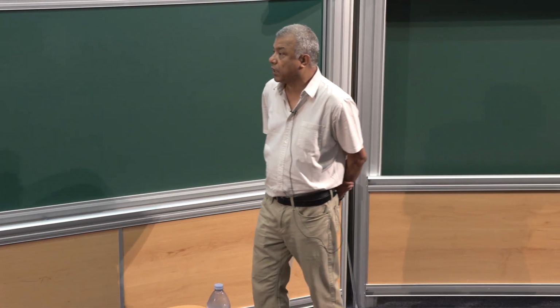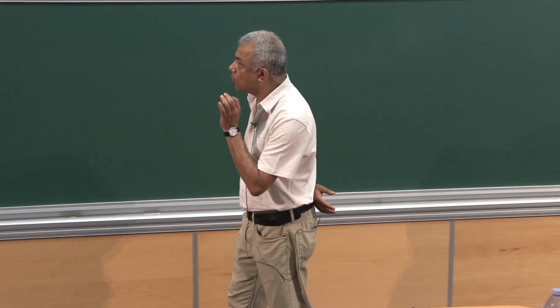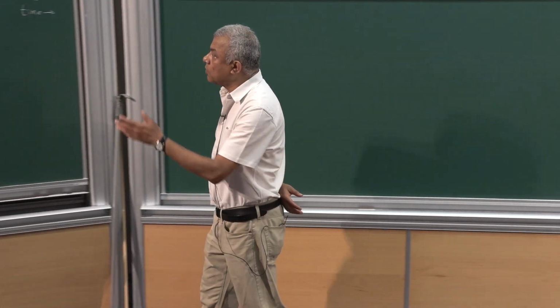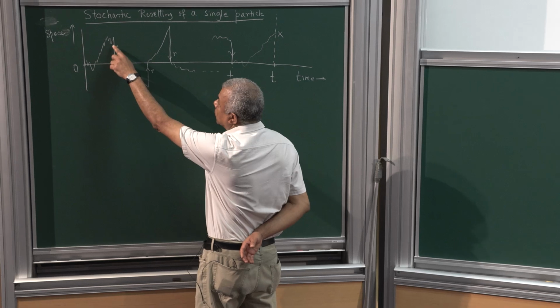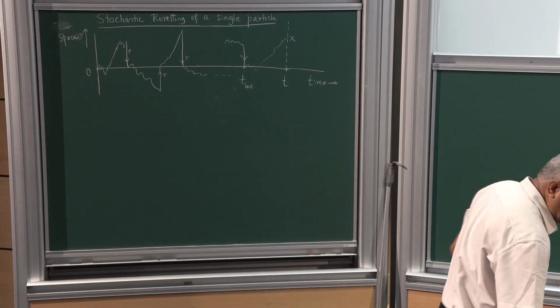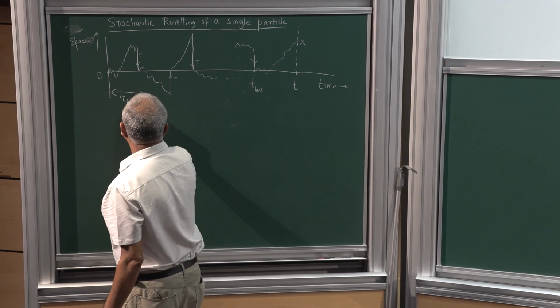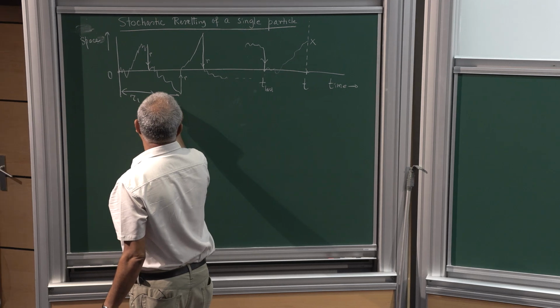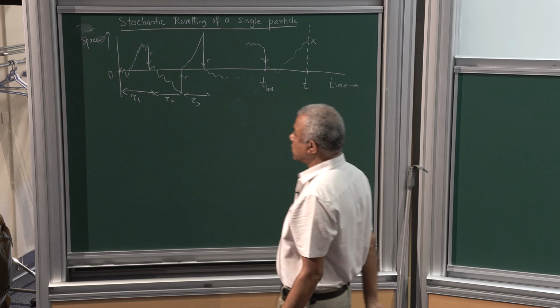I illustrated this with a very simple example, which is a single particle. You take a single Brownian particle, and it just diffuses freely, and then after some typically exponentially distributed random time, it resets. These are the time intervals between successive resettings.